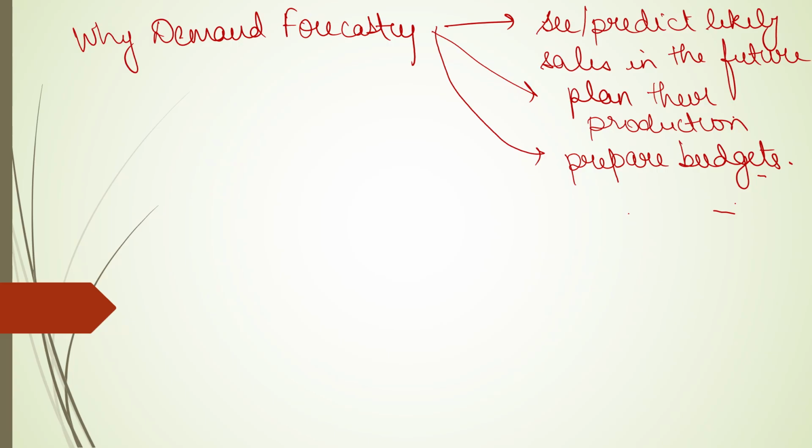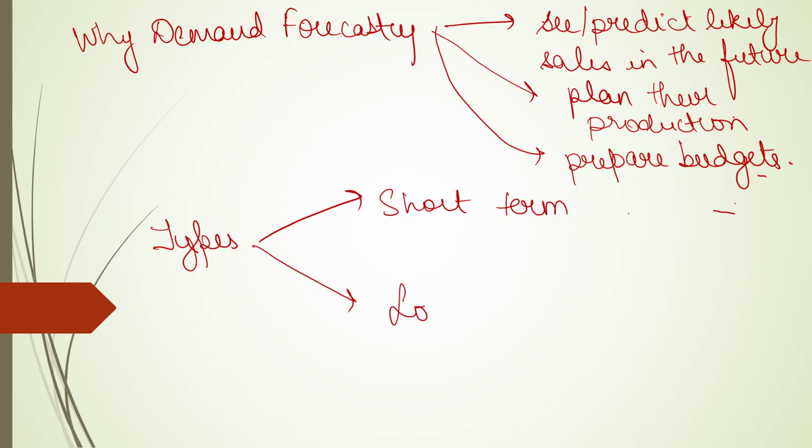Then we have types of forecasting. Earlier we had seen quantitative and qualitative. There are some more types. One is short-term forecasting and one is long-term forecasting. Short-term means period not greater than 1 year, and long-term means period greater than 3 years.